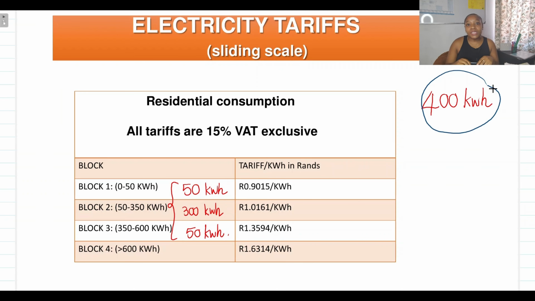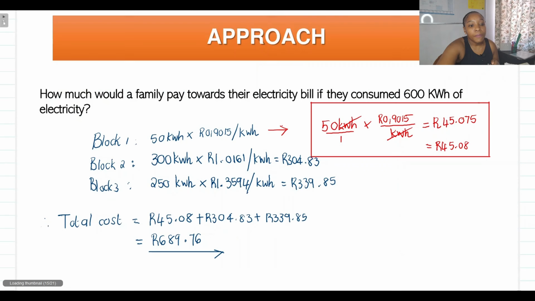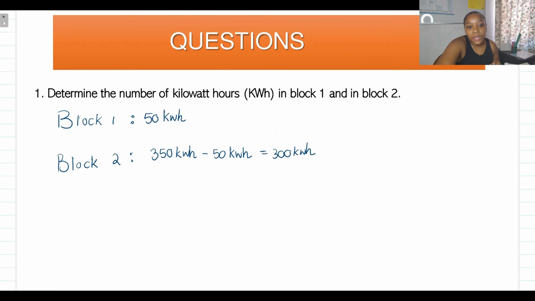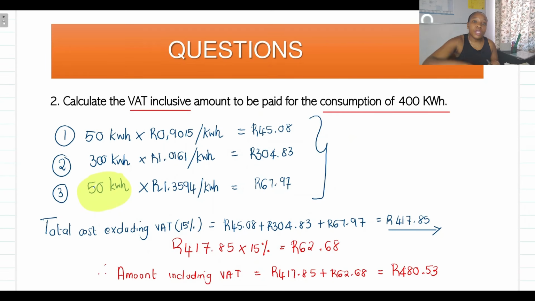Once you've determined the units in each block, you multiply the units with the tariffs that are given in each block. Once you've done that, you just add them up together to get the total cost. In this question, I took it a step higher.